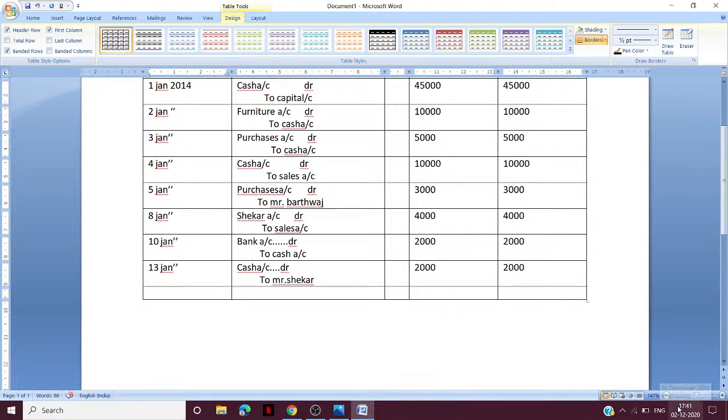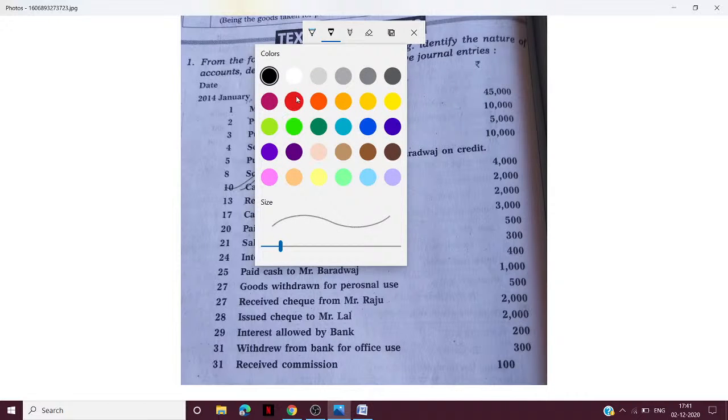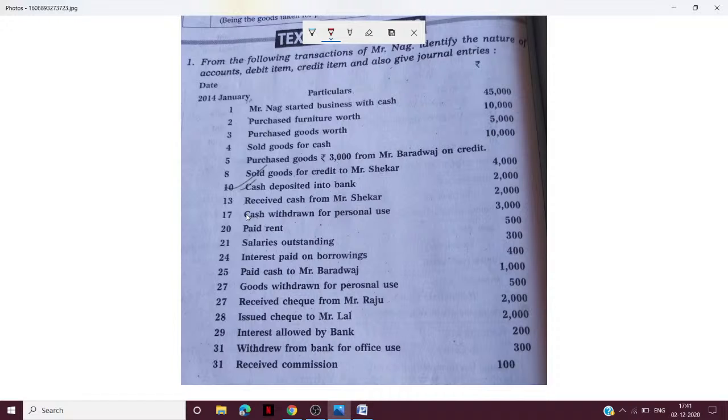Next, what is the transaction? Cash withdrawn for personal use. See students, remember it is a very important transaction. So we will use drawings when cash is withdrawn.